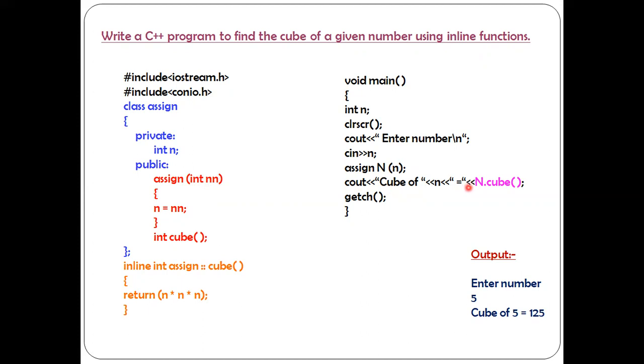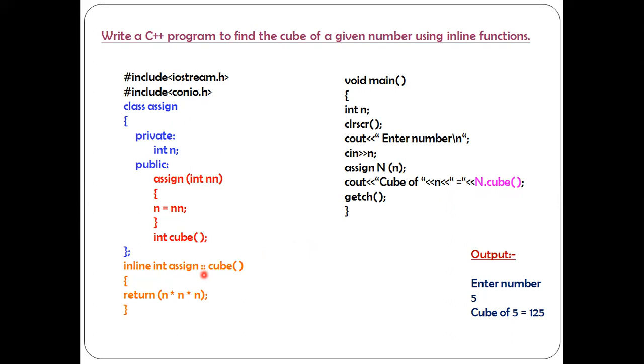Then comes the next, n dot cube function. n is an object name, dot is the member access operator, cube is a function name. So directly it comes to this particular line. Inline, one blank space, int is the return type specifier, assign is the name of the class. These two colons are called the scope resolution operator because we are defining this function outside the class.